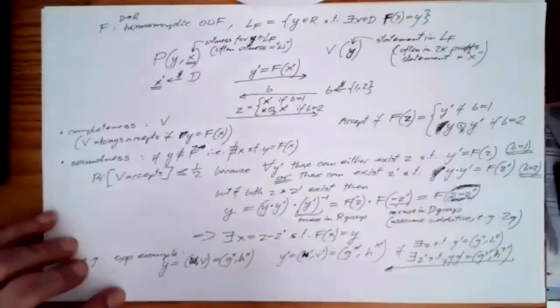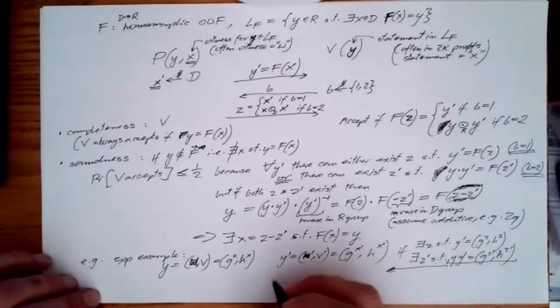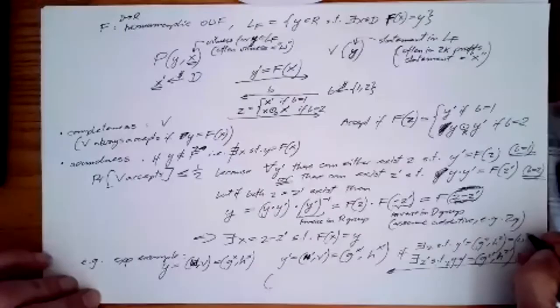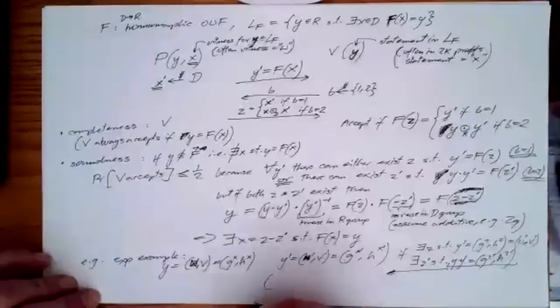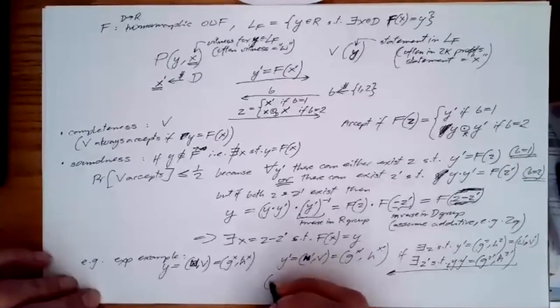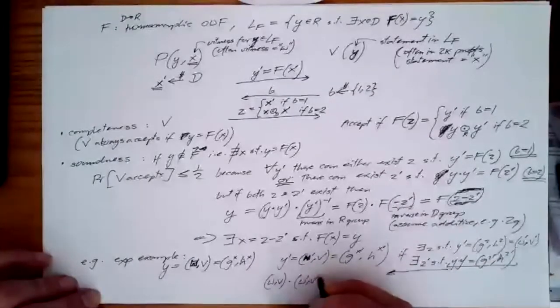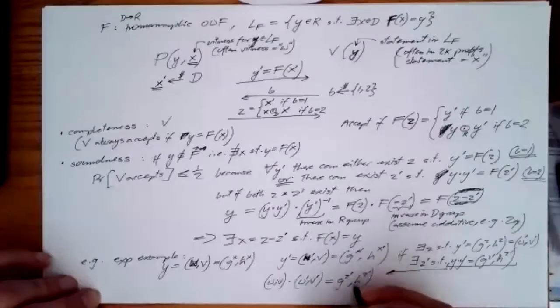It implies that the product, this is w prime v prime, right? Because y prime is w prime v prime. Y is wv. This guy, y prime, is w prime v prime. So this is also equal to g to the z prime, h to the z prime.